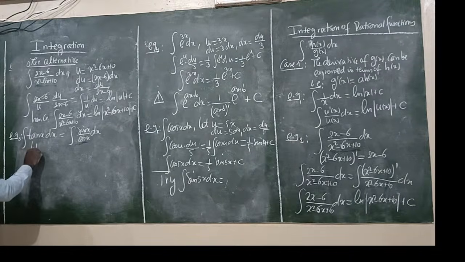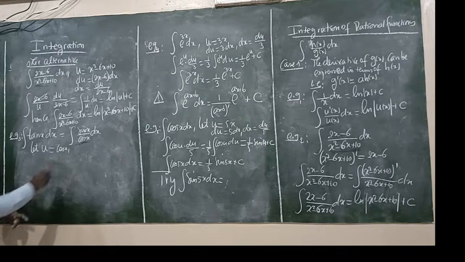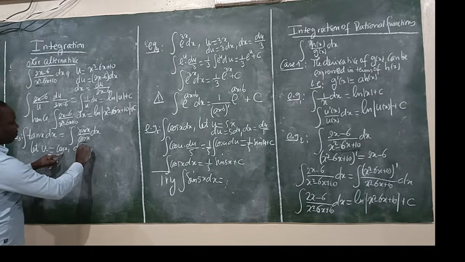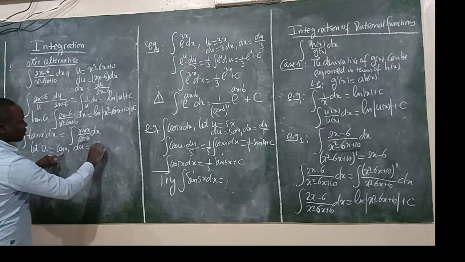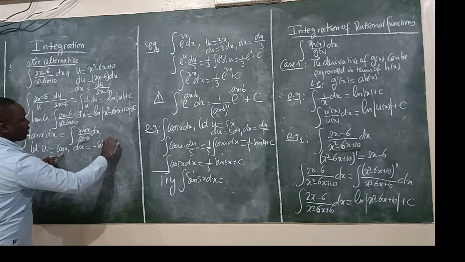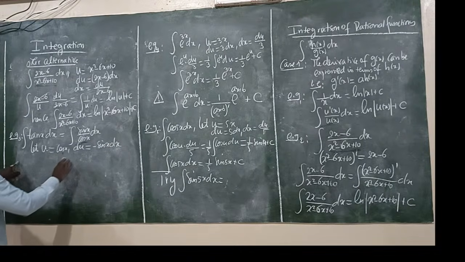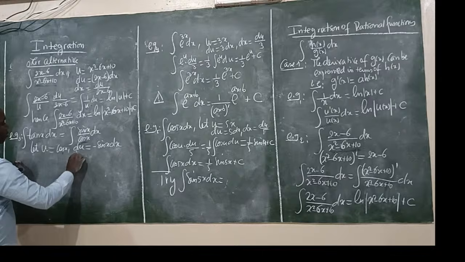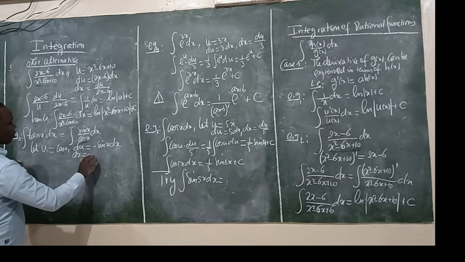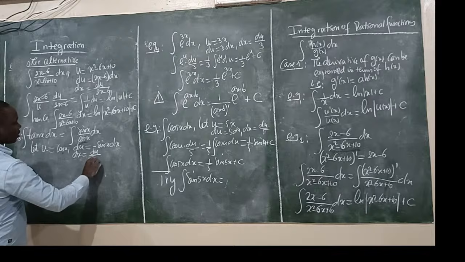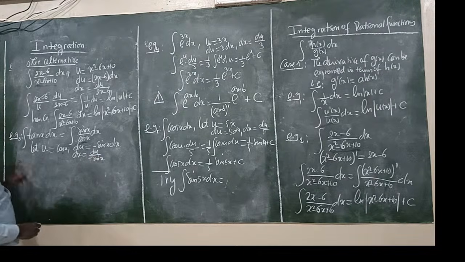Let u be cosine x. You know the derivative of cosine x is minus sine x. Remember to multiply by dx. So look for dx. This is going to be du over minus sine x.